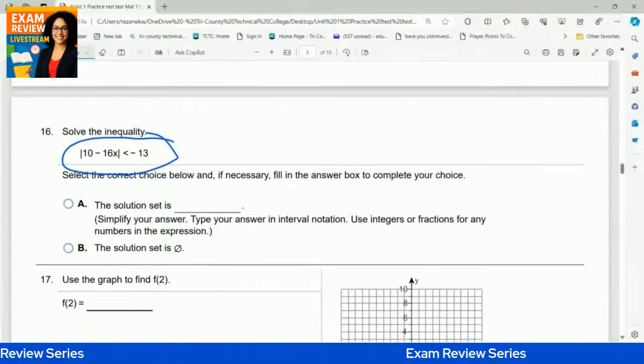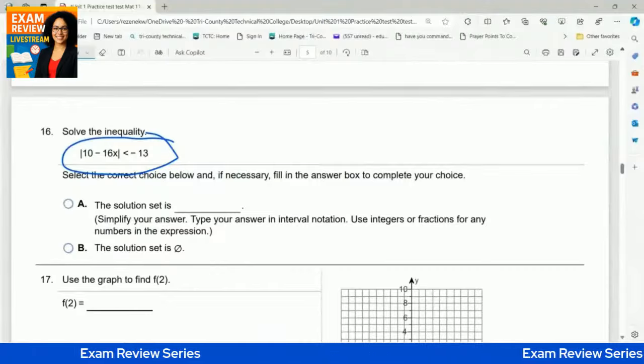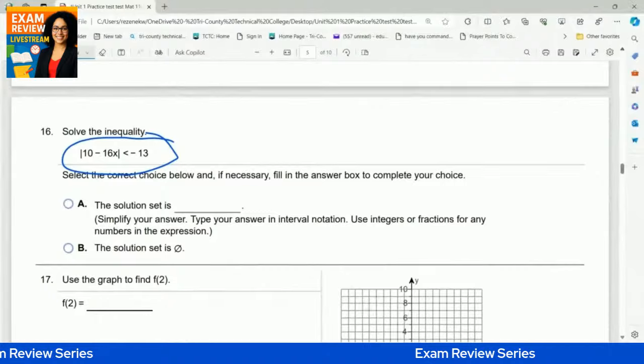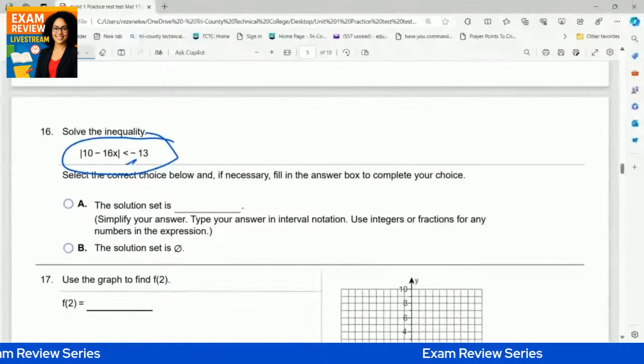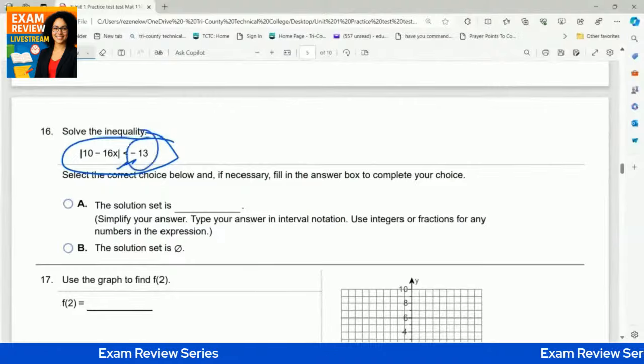Well, you can actually solve this because it's an absolute value inequality. Okay, but if it says equal sign, then you will say no, it cannot be negative. Because this is less than, this is what you're going to do. If the sign of inequality is less than, then you bring the quantity on the right-hand side. We are solving it because it's an inequality.